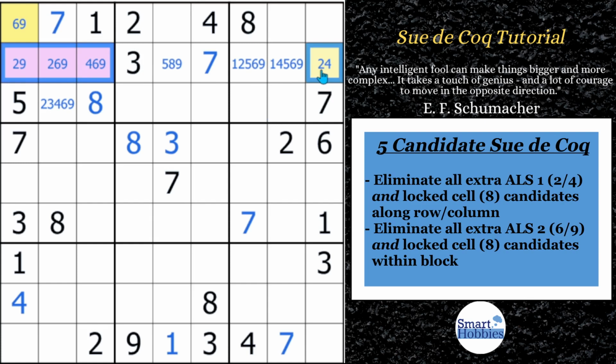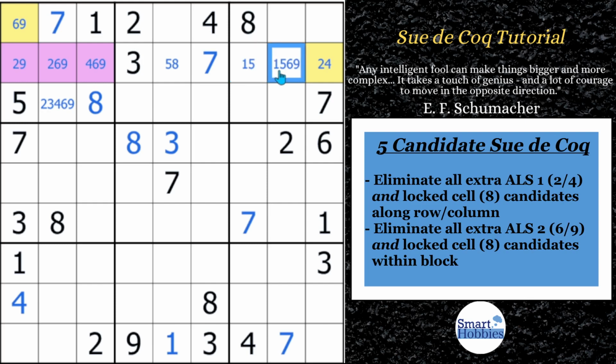All right, so you have a 2, 4, 6, 9 naked quad. 2, 4, 6, 9 couldn't be anywhere else along this row. And the problem with that is now the 6 and 9 have to fill 2 of these spots. And because the 6 and 9 have to fill 2 of these spots, it can't be here, it can't be here or here.